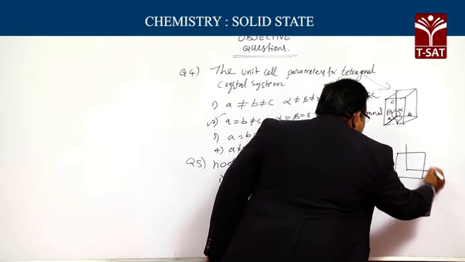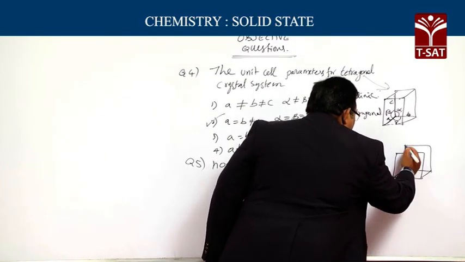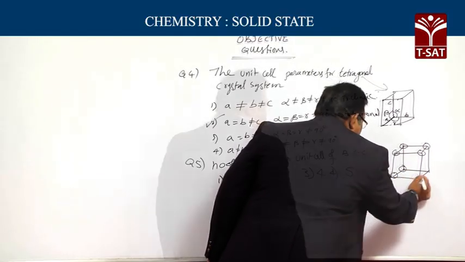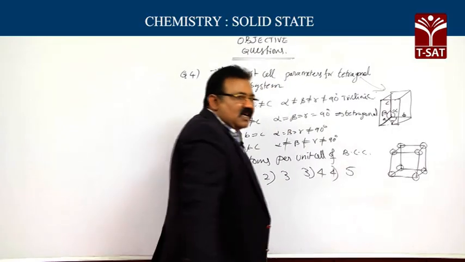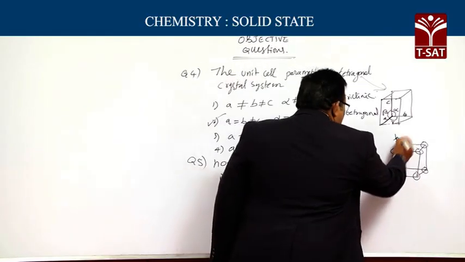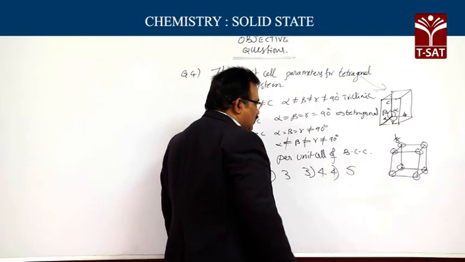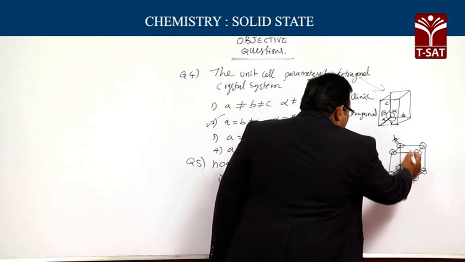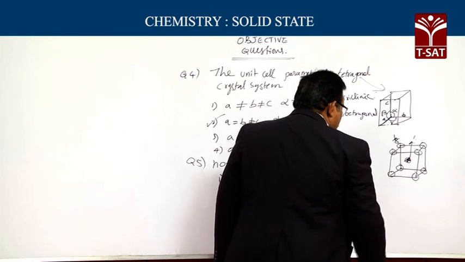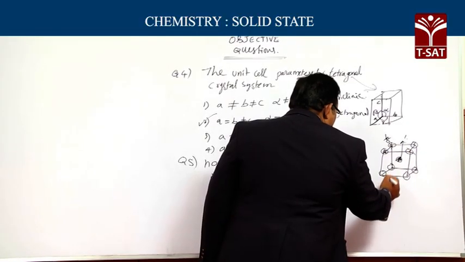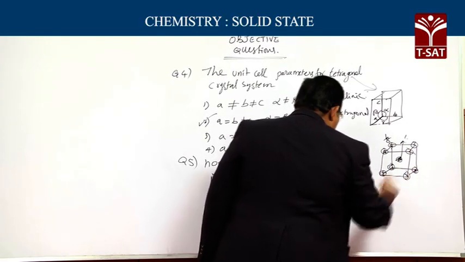Let us have the BCC structure. In BCC, spheres are present at corners. You know what is the contribution of each sphere at a corner? 1/8 part. And at body center, 1. So, how many corners? 1, 2, 3, 4, 5, 6, 7, 8.